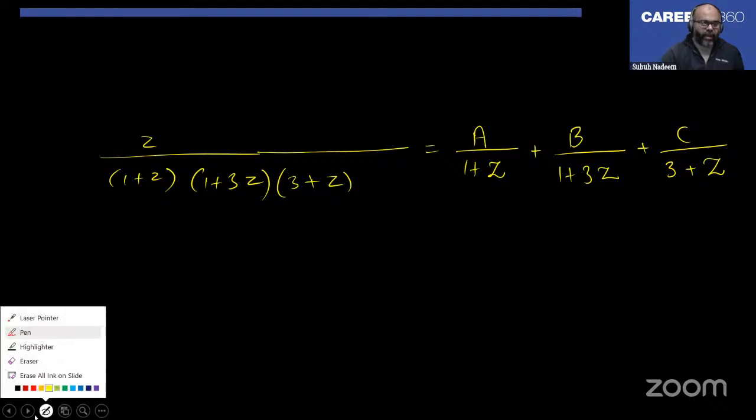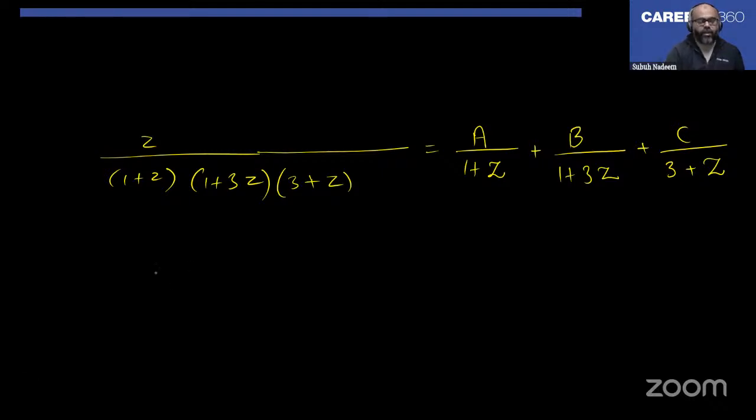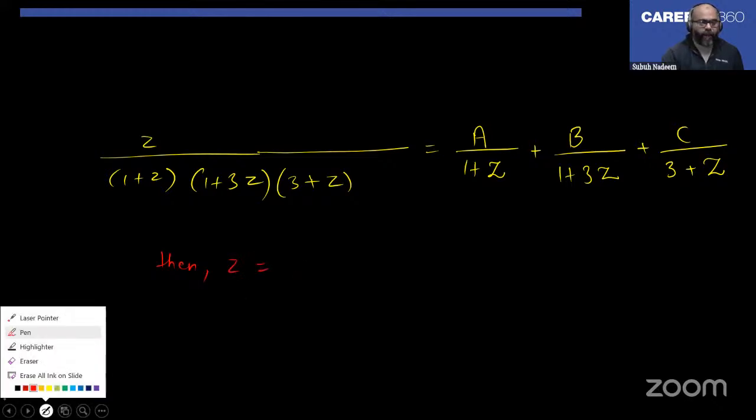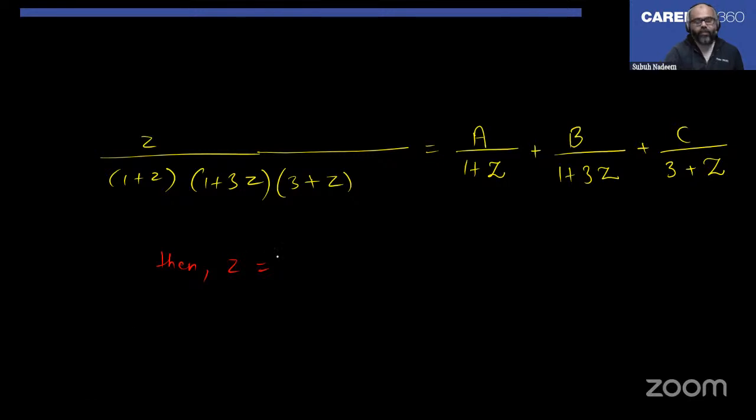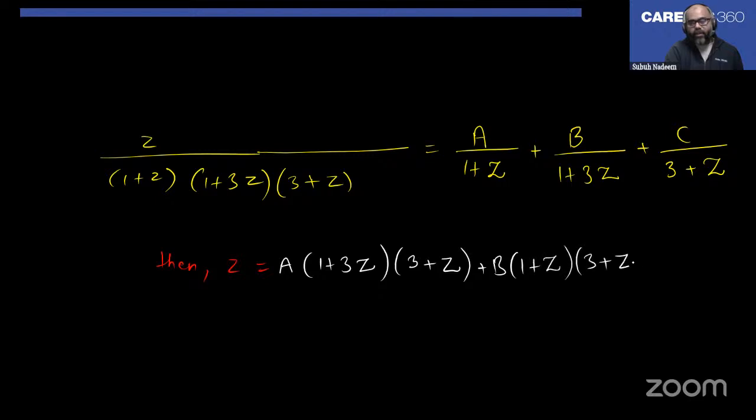Now if you take LCM, what will happen? This z here will be equal to, on the right hand side, a into 1 plus 3z into 3 plus z plus b into 1 plus z into 3 plus z plus c into 1 plus z into 1 plus 3z.